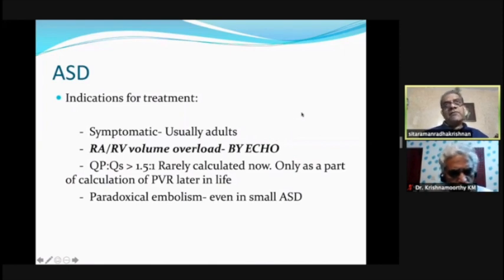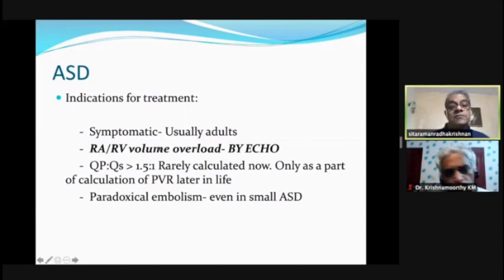It is only once they reach 30s, 40s, in fact 50s, 60s, that they start becoming symptomatic. Many of the female population undergo an uneventful pregnancy. Many of them come to us with children who have actually grown up. So symptoms, usually typical symptoms like breathlessness, fatigue, cardiac arrhythmias, etc., are usually seen in the adult group.